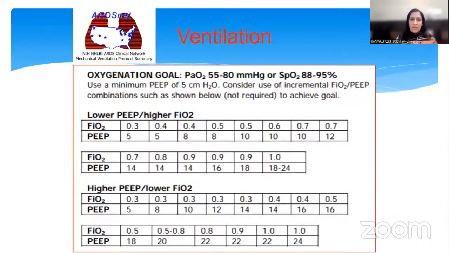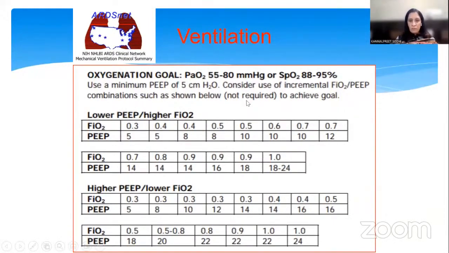So now we have talked about the ventilation, how we're going to start any mode, starting with high FiO2, and the optimal PEEP we have to achieve by looking at the SpO2 or the PaO2 targets.